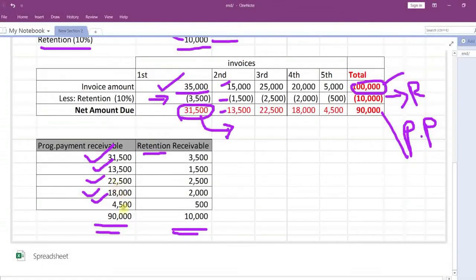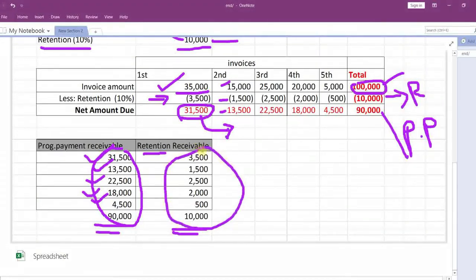You might have received all or almost all of the progress payments once you have completed the contract. Maybe the last invoice you are paid after 1 month or something like this, but we assume that you have received all your progress payments once you have finished the project. Once you have finished the project, then you will invoice for retainage, maybe one invoice or two invoices, as per your agreement. So this is your receivable, and this is also your receivable.